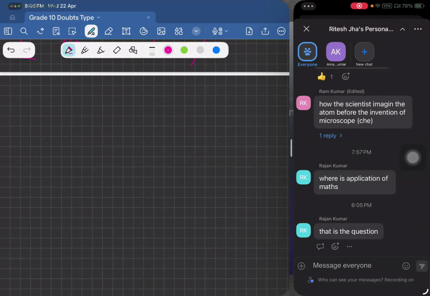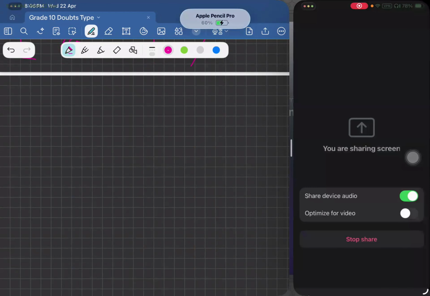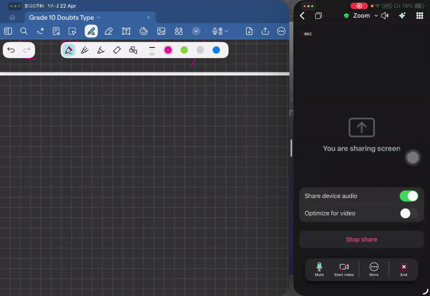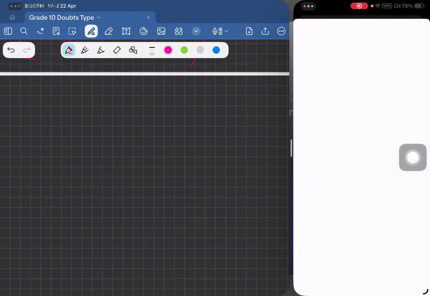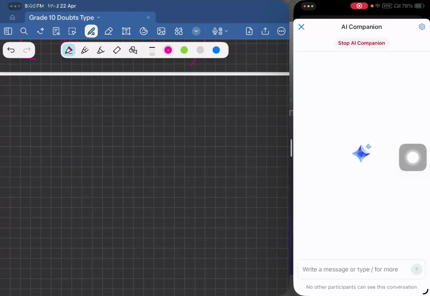So, application of maths. Right now, suppose I'm running this AI companion over here. I'm taking my name, Ritesh.